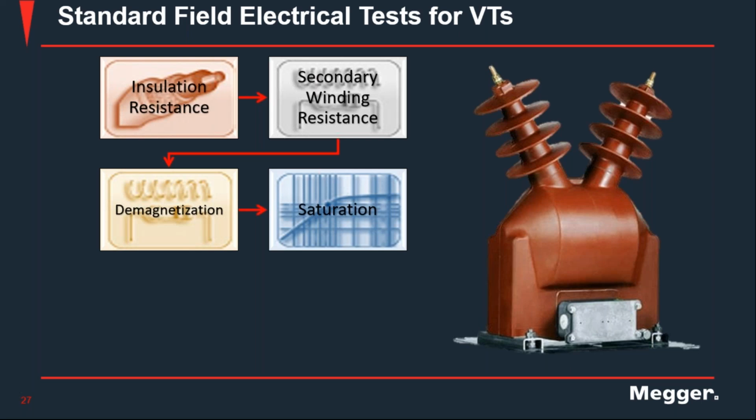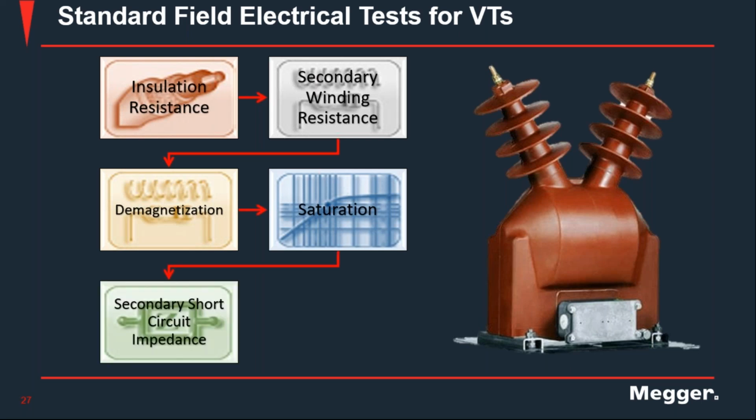In VTs, the typical tests that you will run are the ratio and the winding resistance, but saturation and secondary short circuit impedance were not that common. But these two tests are required for the full assessment of the condition of the system.